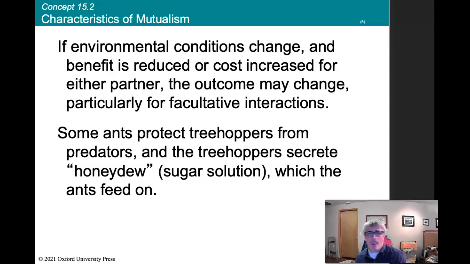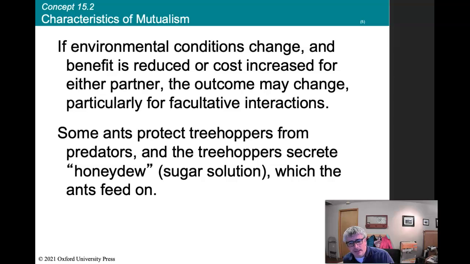And so you can have the interaction of two species. This is a pretty interesting one, looking at ants and a tree hopper. I'll show you an image of a tree hopper and another image of a tree hopper here again.